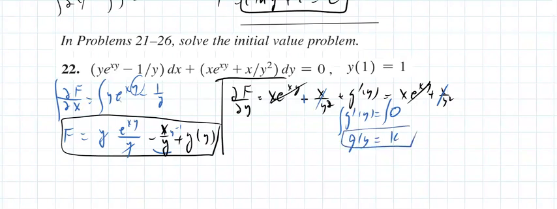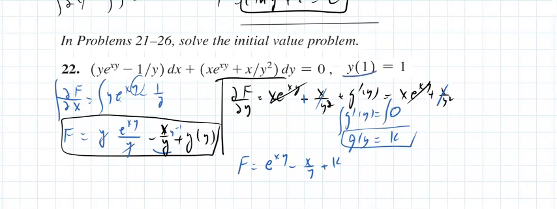So now my function is f equals e to the xy minus x over y plus some constant k.